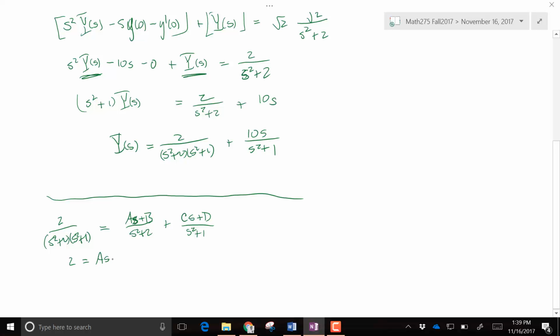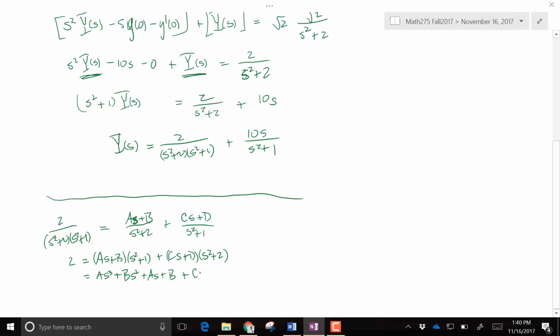I have as plus b getting multiplied by s squared plus 1, plus cs plus d getting multiplied by s squared plus 2. Looks like I'm going to do some multiplying out. So I have as cubed plus bs squared. I'm doing the inside first. The outside is going to be as plus b.